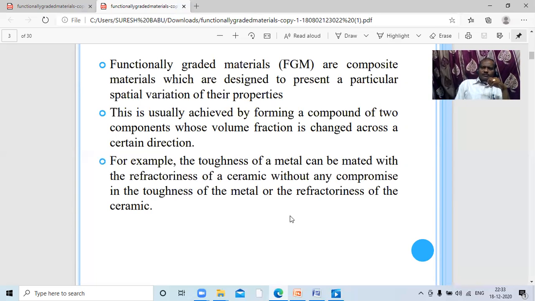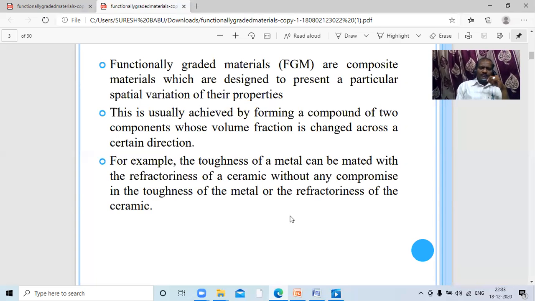What this means is that these materials are designed only for a specific purpose. By nature, if you consider also, or by artificial means, the design itself is for a specific purpose.